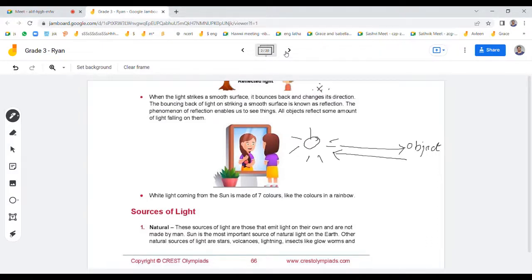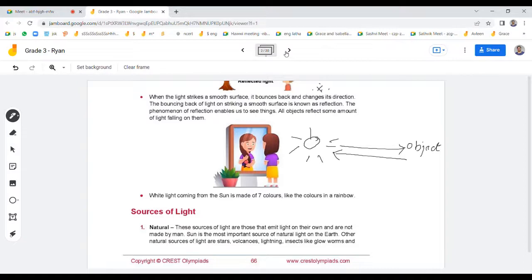When people ask you how you are able to see things, what will you answer? I'm able to see things with the help of light. When the light strikes a smooth surface, it bounces back and changes its direction.